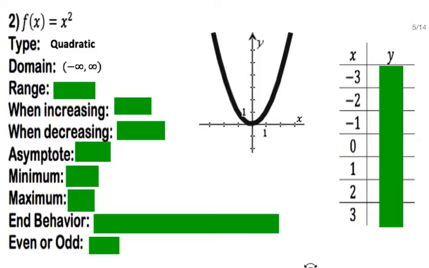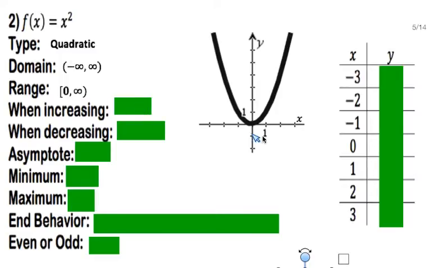That's going to happen a lot. Okay, so basically with this graph, as we go all the way to the left, it's going to keep on going forever, and it's going to keep on going all the way to the right. Okay, the range on this one starts at 0, so that's our lowest y value, and it goes up from 0. Okay, so it goes from 0 to positive infinity.